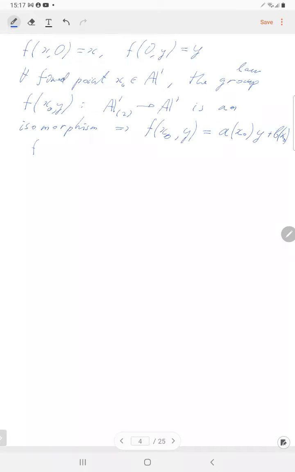F of x0 and y is an isomorphism from A1 to A1. And it's a polynomial. But just think about it for a moment. A polynomial that is an isomorphism has a unique root, for example. So it's of degree 1, right?